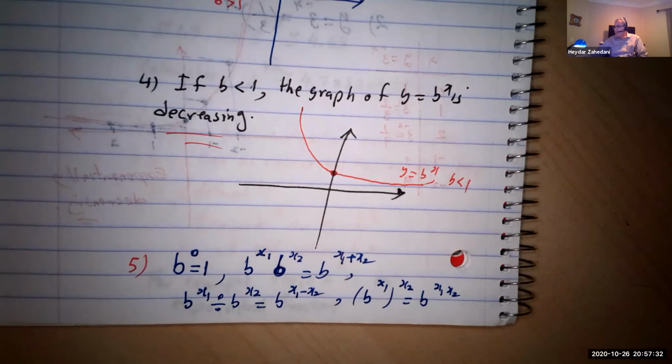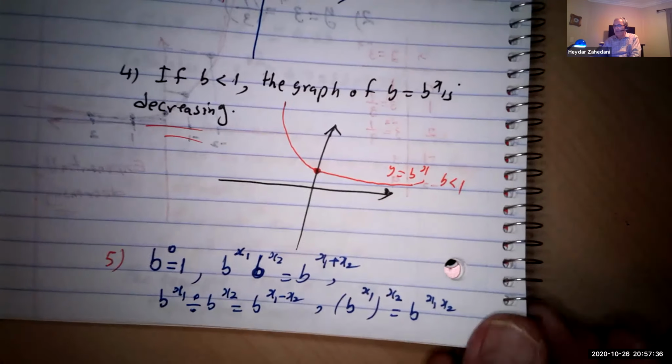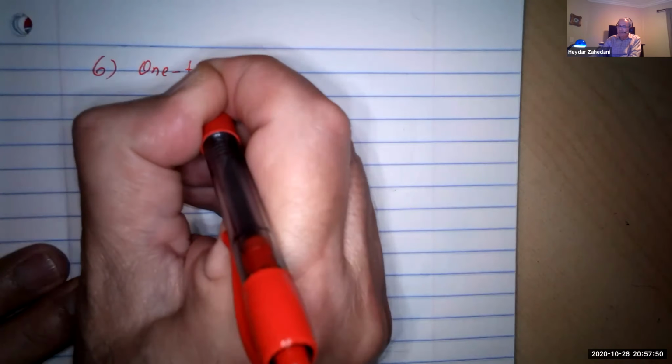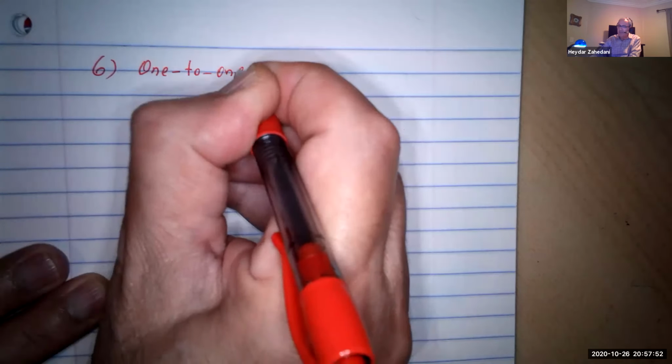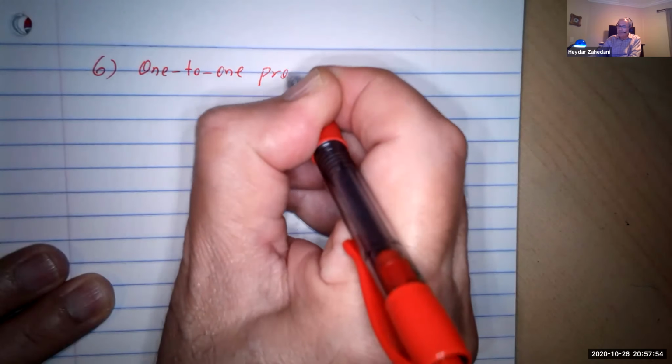And the last but very important part is the one-to-one property. We talked about the inverse function the other night, and this is that property. We call it the one-to-one property.